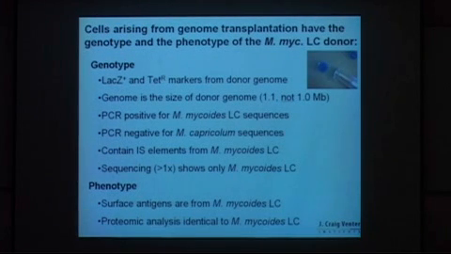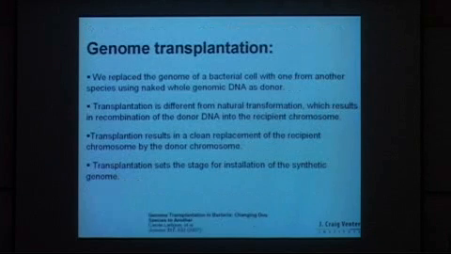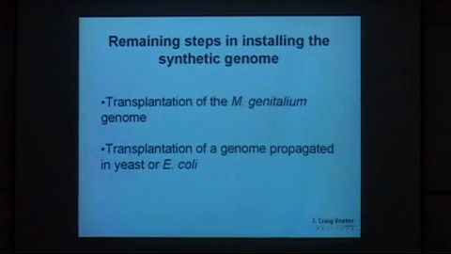And by a whole number of criteria that we've published, the genotype and the phenotype of the cells, the genotype at the sequence level is pure donor, and the phenotype as judged by looking at the protein products is pure donor, and no trace of the recipient. We've cleanly replaced the genome of the recipient cell with that from the donor.